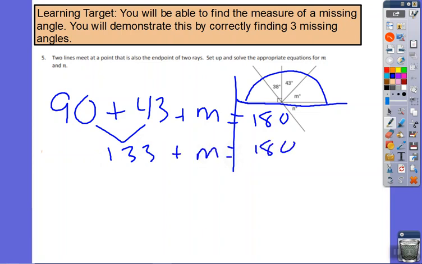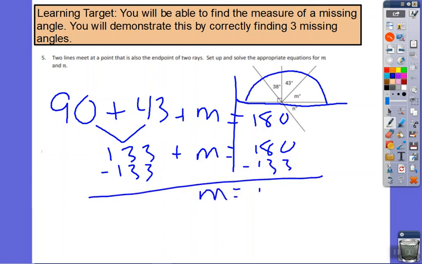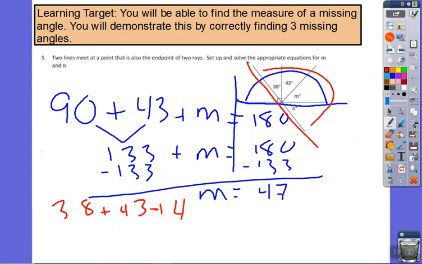When you solve for it, you're doing the opposite. So I'm going to subtract that 133, and my missing angle is going to be 47. If I was to solve for n, I could do kind of the same idea. I'm going to go this way though and use that flat line. So I've got a 38, a 43, I just found out that m is 47, and an n are going to make 180.